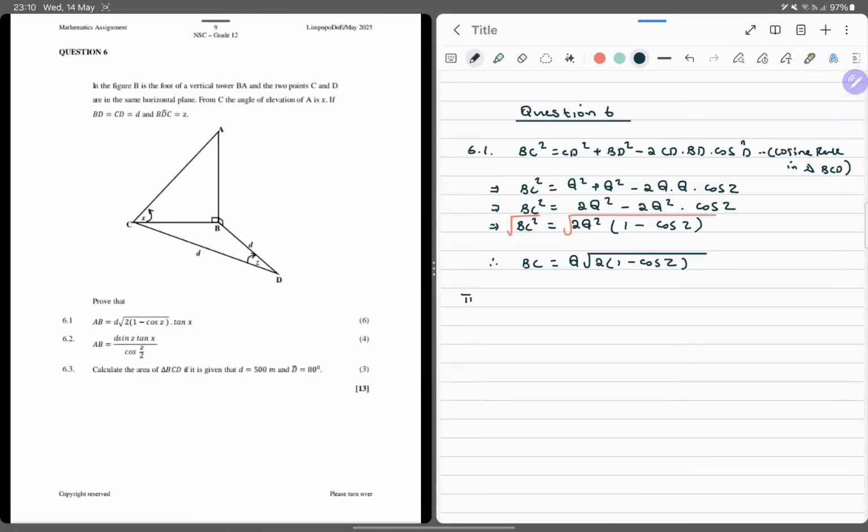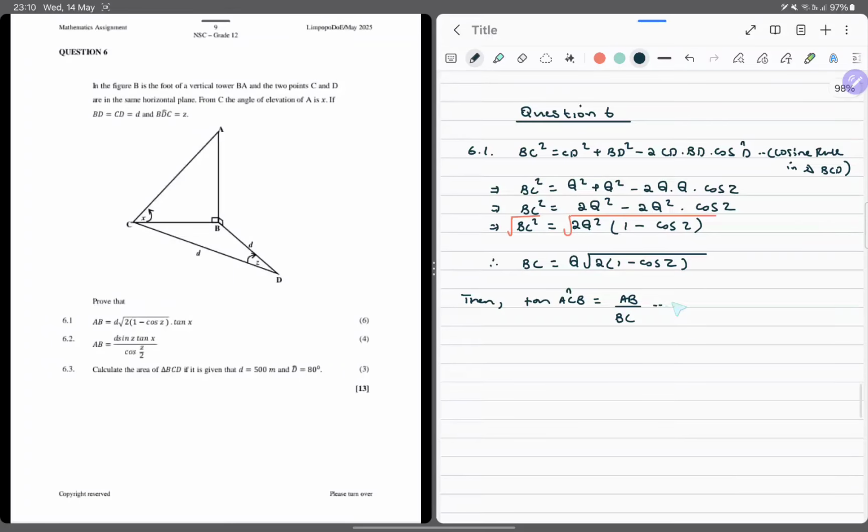We understand that tan of angle ACB is going to be equal to the opposite AB divided by CB or BC.